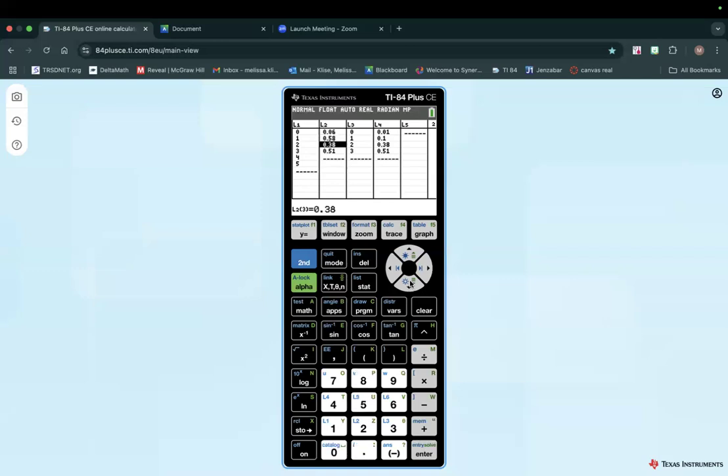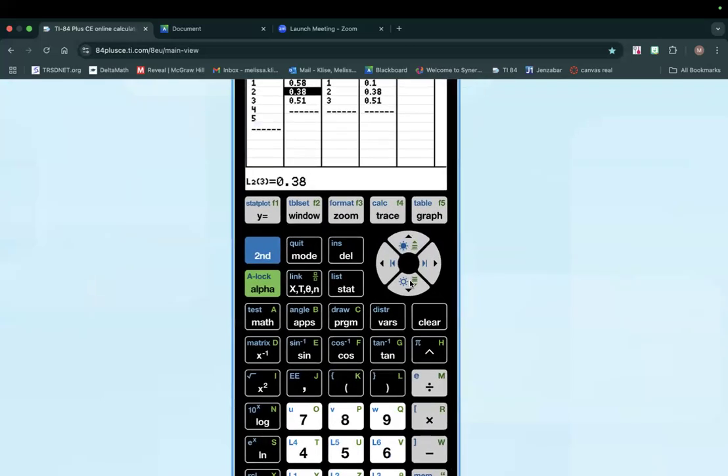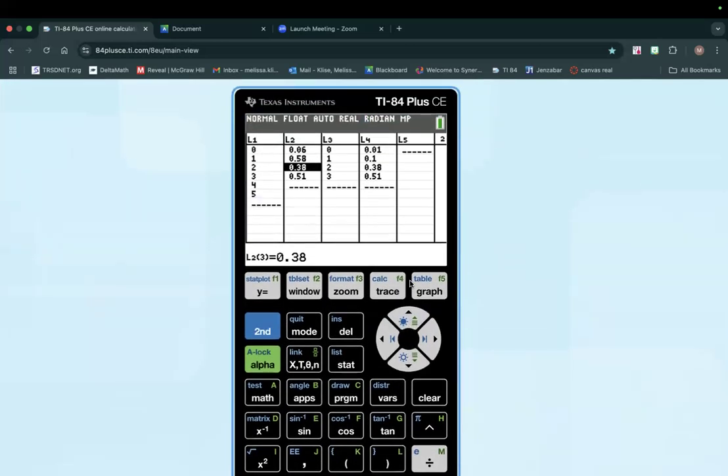If you can see it, I'll make it a little bit bigger. There we go. I'll give you a moment to get caught up if you were copying mine.